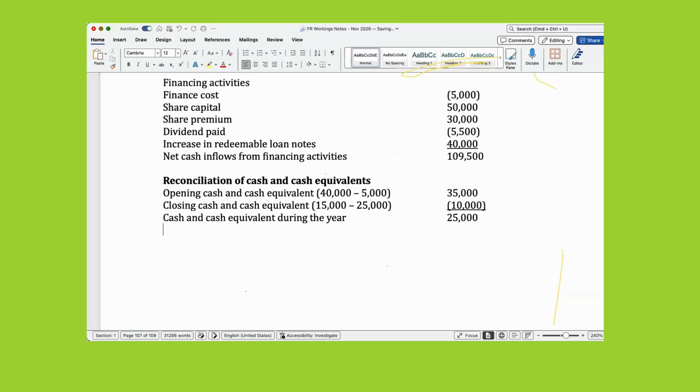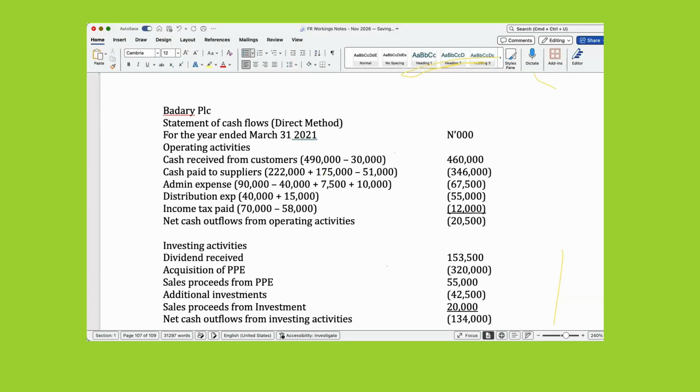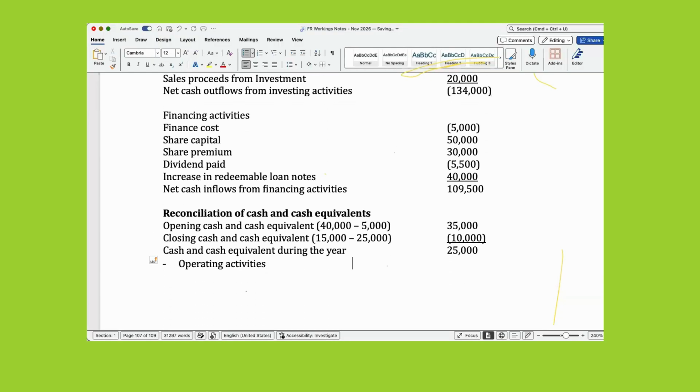This should be 25,000, which should reconcile with my operating activities, which was how much? 2,500. My investing activities, 134,000.